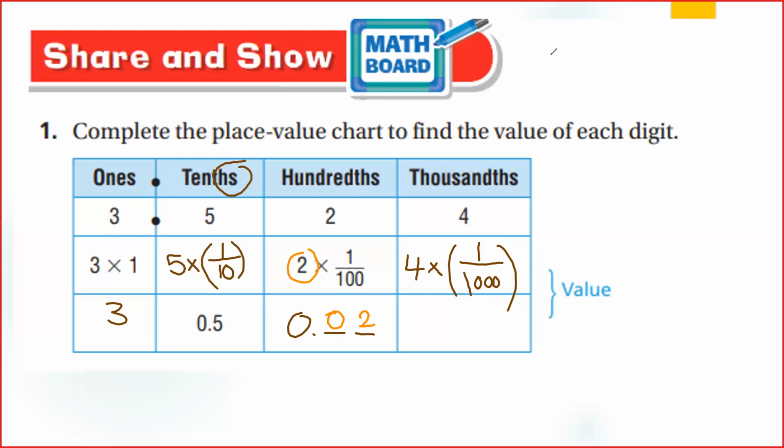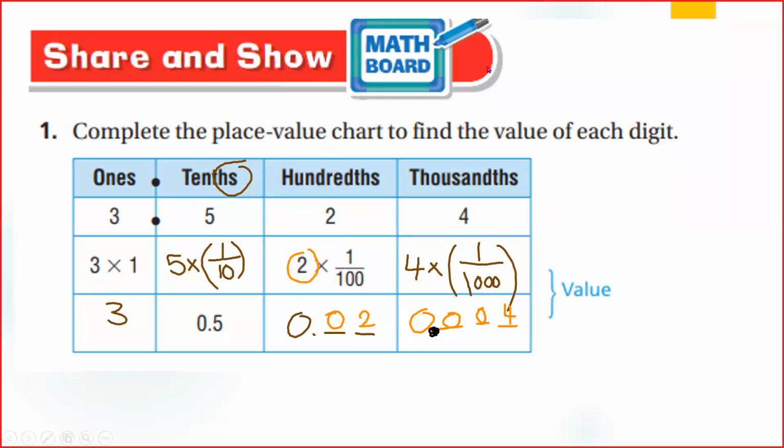Jilan. It's 0. How many digits? 3 digits. Bravo. Then when you write 4, starting from the right, what do you have to put? 0. So it's 0.004. Thank you.